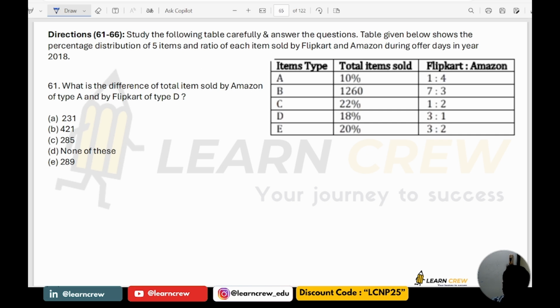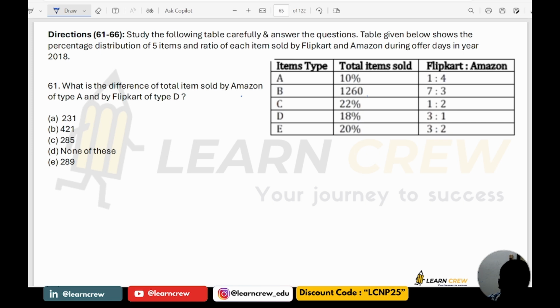What do we get? Table given below shows the percentage distribution of 5 items. Total value, yes, here it is given, right? What is the difference between total items sold by Amazon of type A and Flipkart of type D?